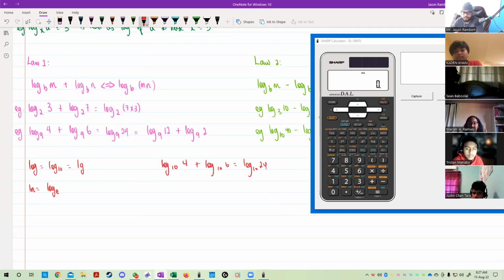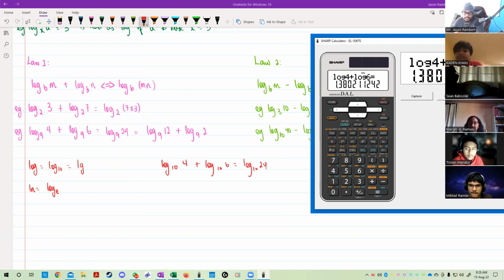Yeah? If I'm trying to remember the law, well, this is already log to base 10, so I don't have to bother entering a base. Log of 4 plus log of 6 is this number, 1.380211242. Cool?